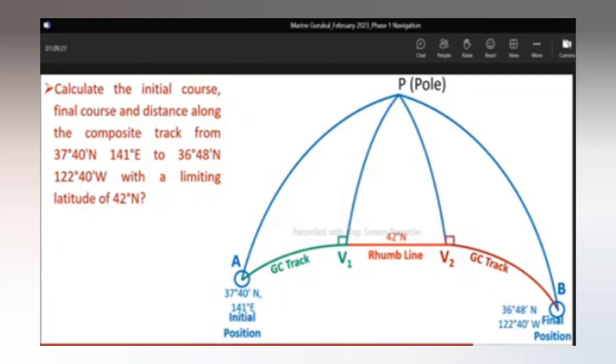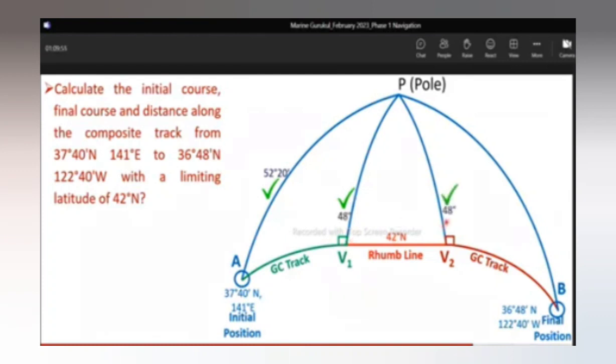Now we mark off parts that we can calculate. Now PA, we all know, is colat of A, and value is 52 degrees 20 minutes. Then PV1 is the colat of V1. Now V1 and V2 both lie in the limiting latitude, so their latitude is 42 degrees north. Therefore PV1 is 48 degrees.